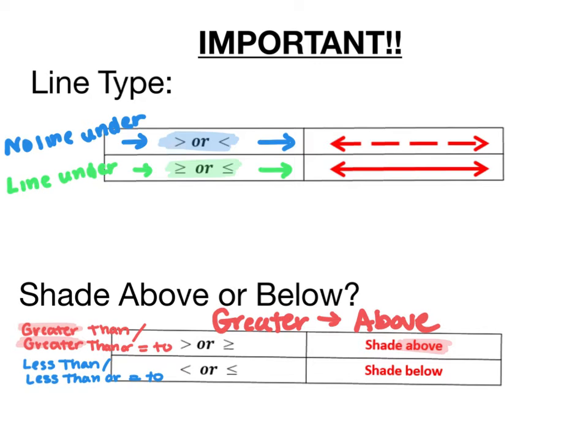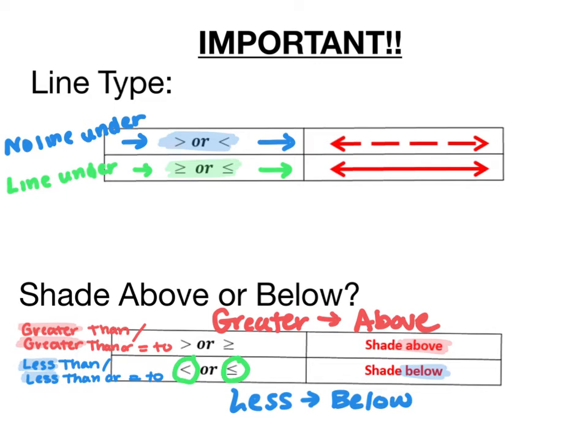And if it's less than or equal to, you would shade below, which also makes sense. So I can say that less means below. And also, to help us remember, we can see that these less than symbols almost look like you took the letter L and turned it sideways.